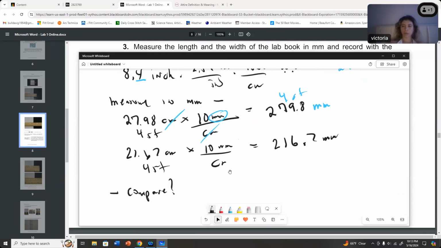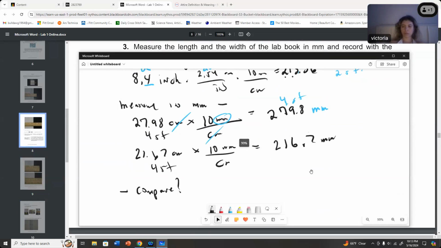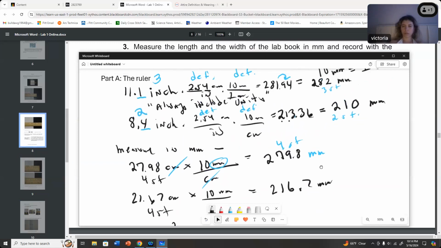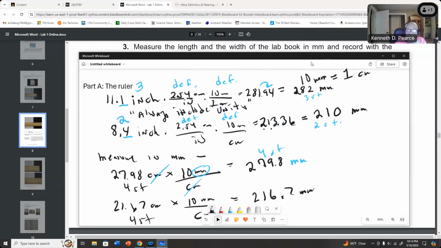Well, the first one's larger. Well, if you look at them, you definitely picked up more significant figures. That's one thing. You had 3 significant figures, 2 significant figures, and down here, when you measure directly, you had 4 SF for both ones. Okay, that's the kind of thing we're looking for. Now, is it bigger? Well, it looks like it's slightly bigger.